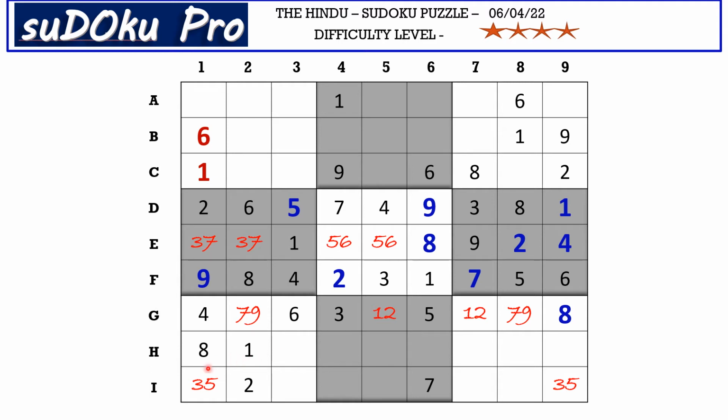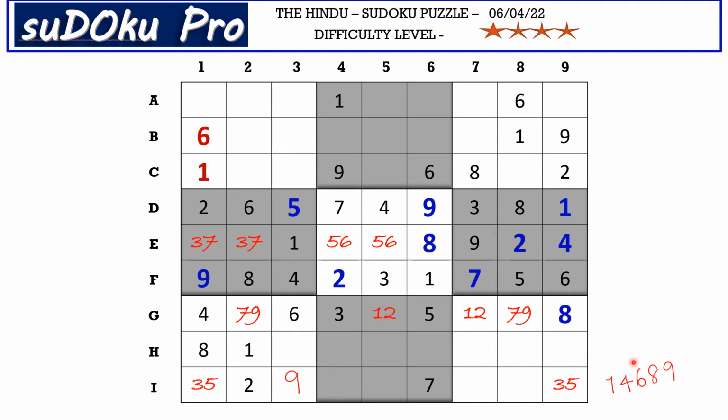In I row you have 5 empty cells and the missing numbers are 1, 4, 6, 8 and 9. Now you can see here in column 3, that is I3 is blocked by 1, 4, 6 and 8. So 9 goes here.